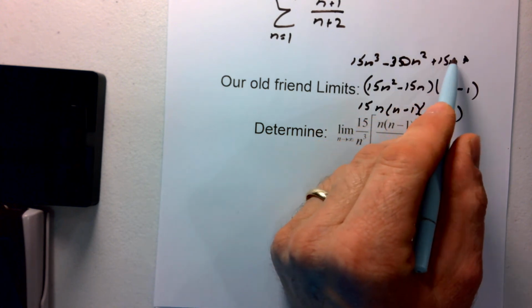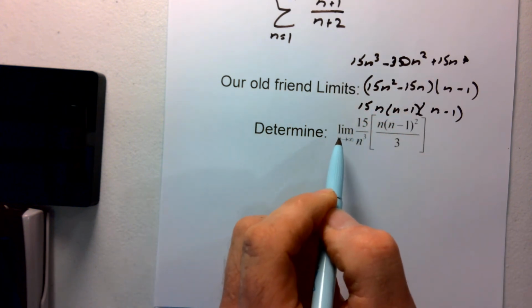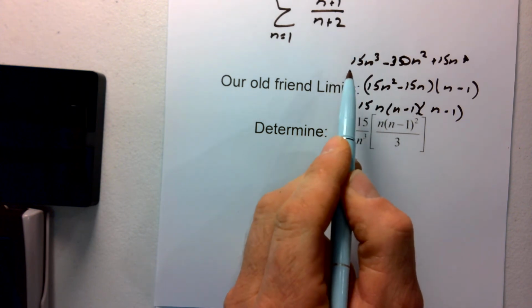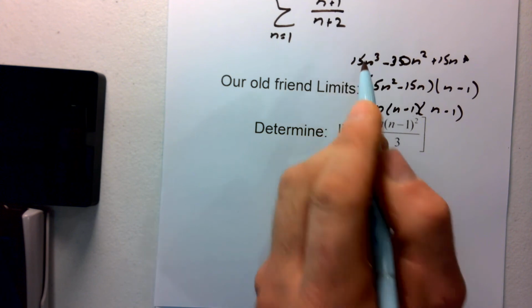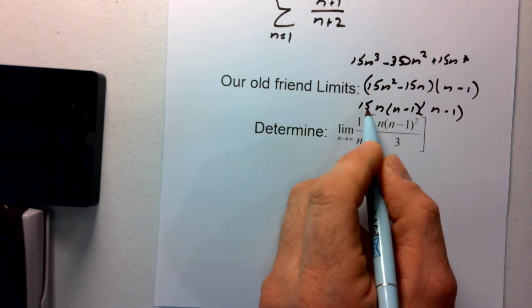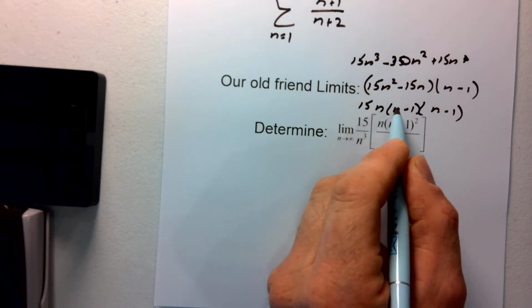remember that this extra stuff here doesn't tell us anything about how the function is going to end when n goes to infinity. It's only this leading term here. So if we think about where 15n to the third came from, we have 15 right here, we have our n. We multiply it to this n here, that gives us 15n squared.